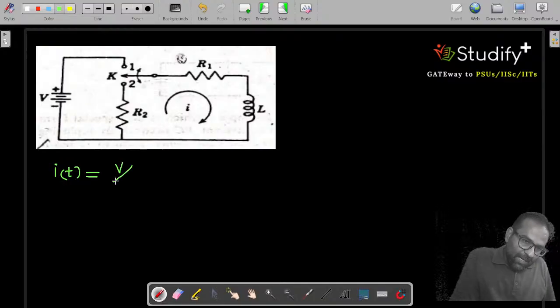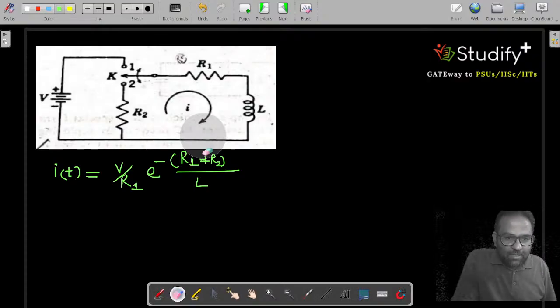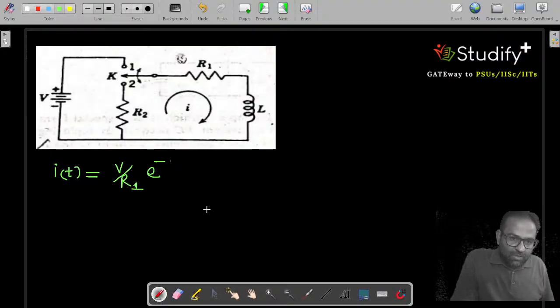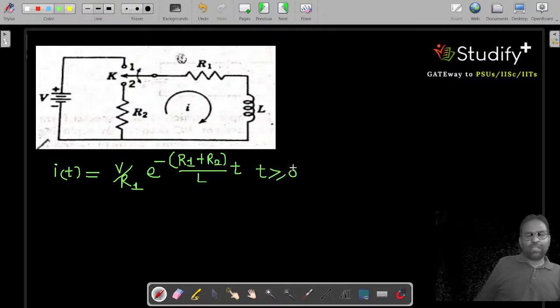V divided by R1 into e to the power minus of (R1 plus R2) divided by L into t, and this solution is valid for t greater than or equal to 0. Now what is this equation trying to tell us?